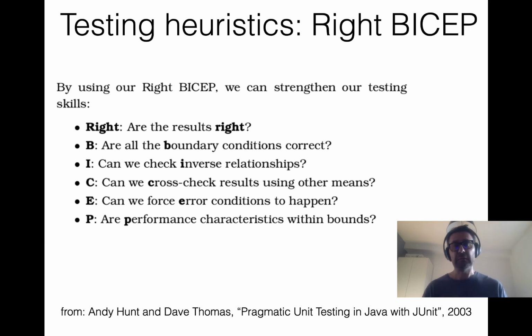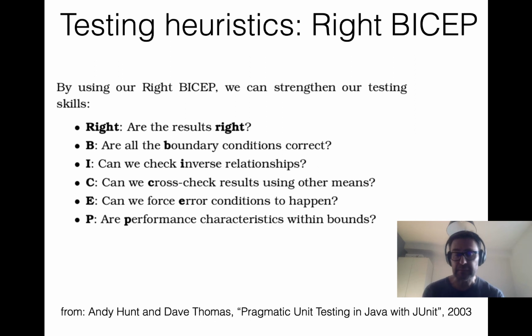specific proposals like this one called the right bicep method that can help guide you when you're not so experienced, right? So these are summaries that have been written down by experienced testers on how you come up with test cases. And this specific summary is called the right bicep.